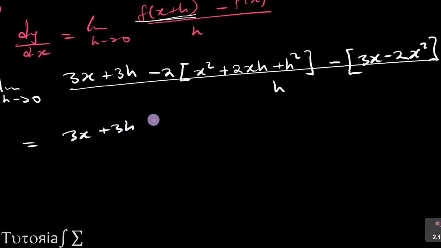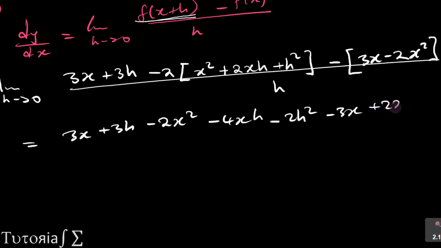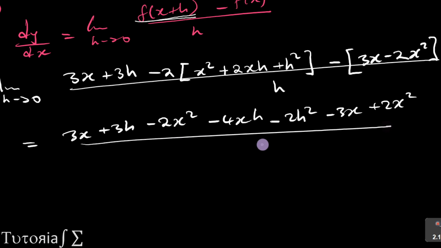Distribute this times this, that will be negative 2x squared. This times that, that will be negative 4xh. This times that, that will be negative 2h squared. And we distribute this times that, that will be negative 3x plus 2x squared all over h.